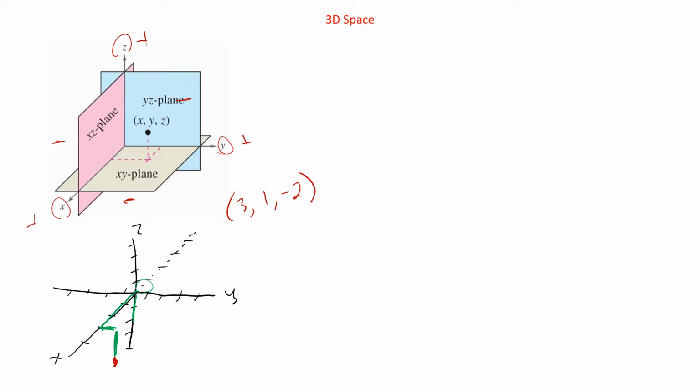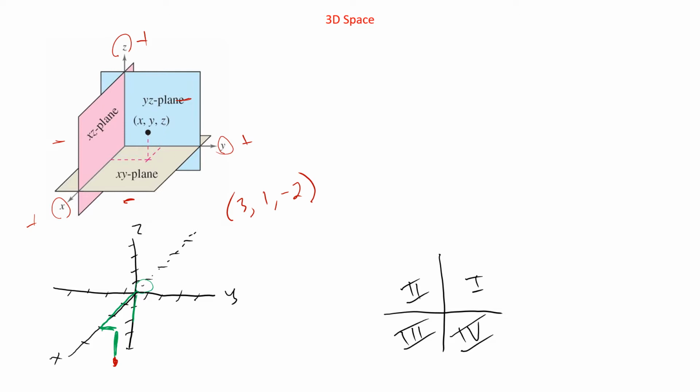The 3D space is also broken up, just like 2 dimensions. The axes break the graph into 4 quadrants. And we know these. This is quadrant 1, 2, 3, 4. Well, for 3 dimensions, we have those extra axes.